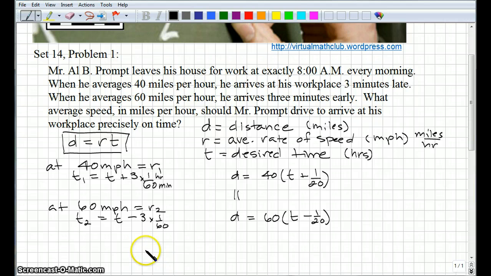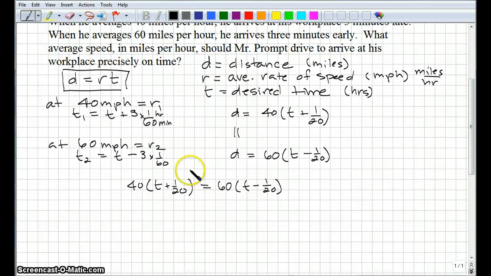So let's write that out. We have 40 times t plus 1/20th is equal to 60 times t minus 1/20th. Alright, so now we can solve for t. We need to distribute the 40 inside these parentheses.